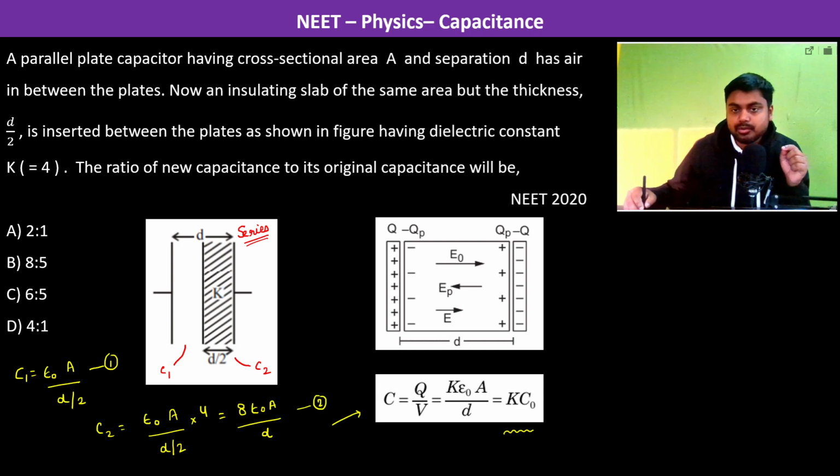Now the equivalent capacitance: 1 upon C, because they are connected in series, is 1 upon C1 plus 1 upon C2.